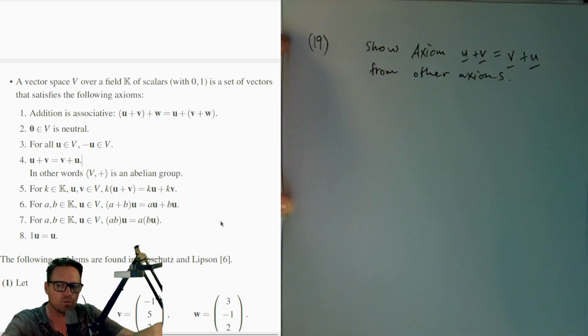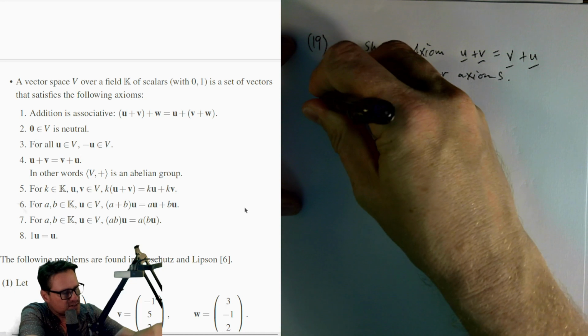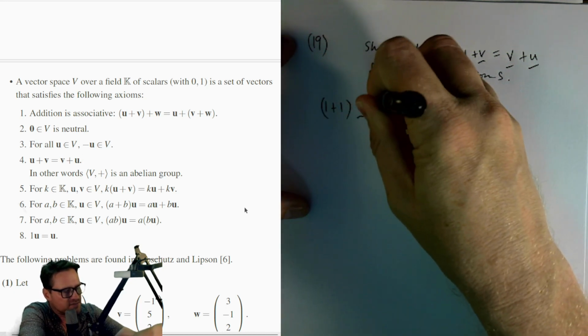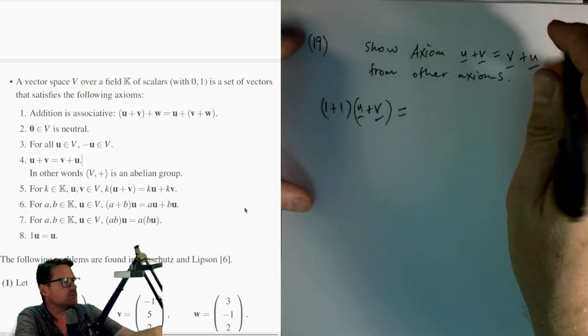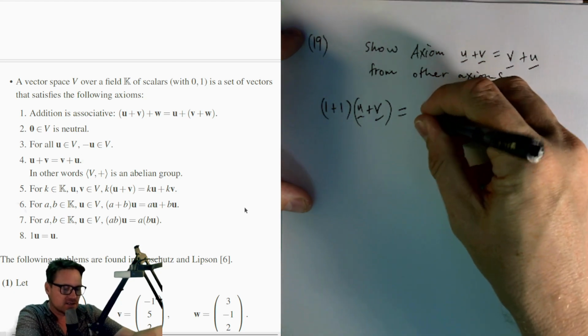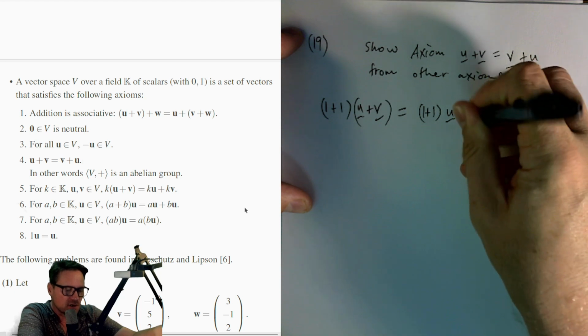Okay, so where we want to begin here is with the expression (1 + 1) times (u + v). According to the fifth axiom, we can express this as (1 + 1) times u plus (1 + 1) times v.